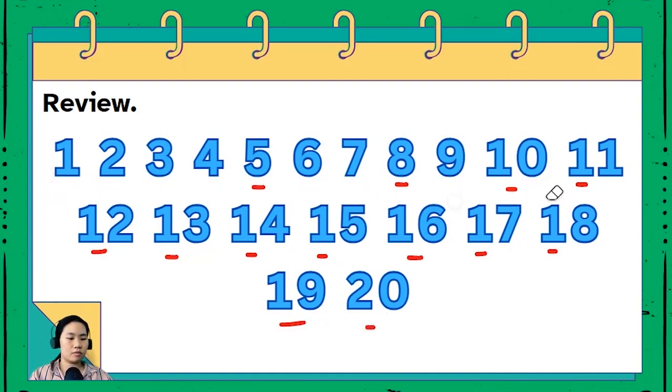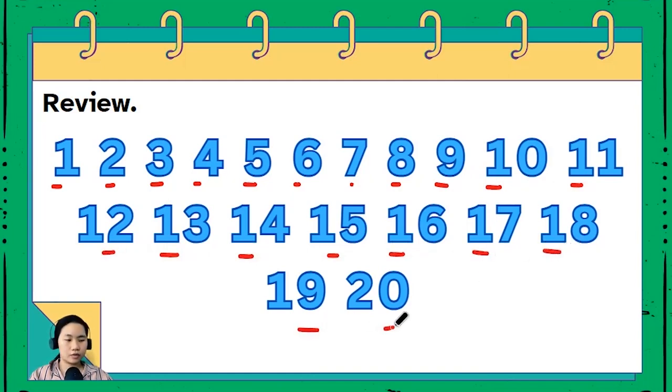Let's go through it one more time. This time I'll say it quicker, okay? So I hope that you can keep up. 1, 2, 3, 4, 5, 6, 7, 8, 9, 10, 11, 12, 13, 14, 15, 16, 17, 18, 19, and 20.